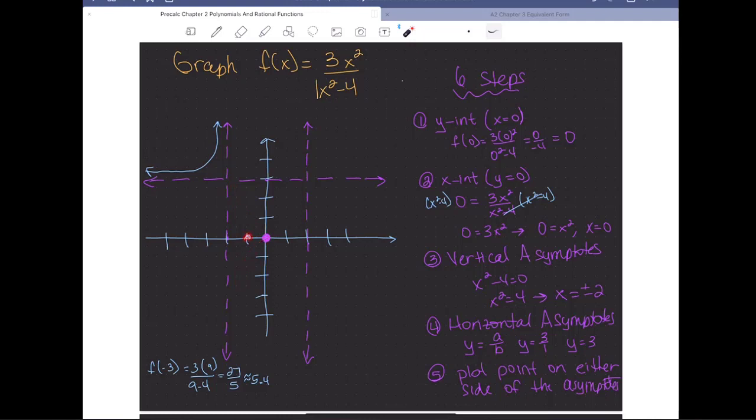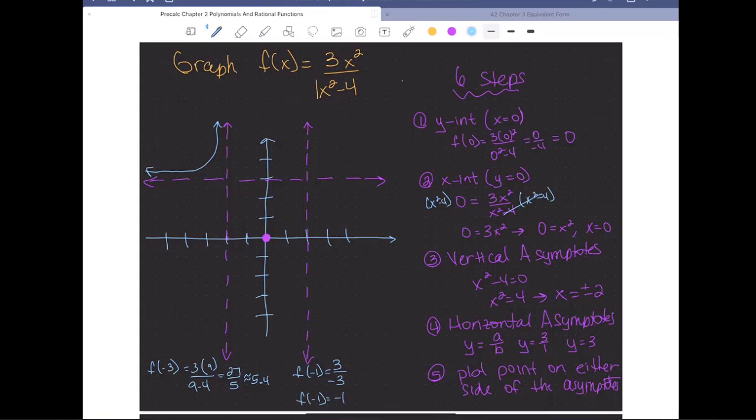So I'm going to test f of -1. -1 squared is 1. 1 times 3 is 3. -1 squared is 1. 1 minus 4 is -3. So f of -1 is going to equal -1.